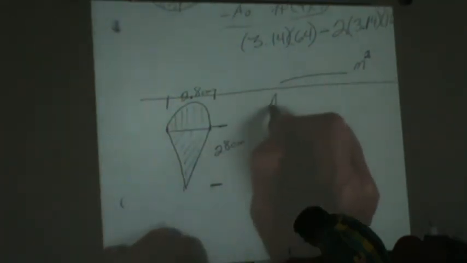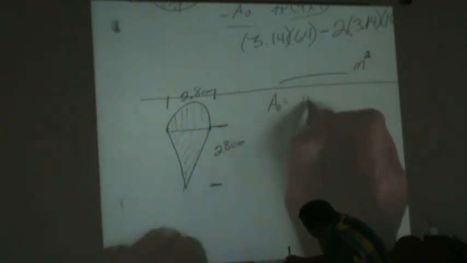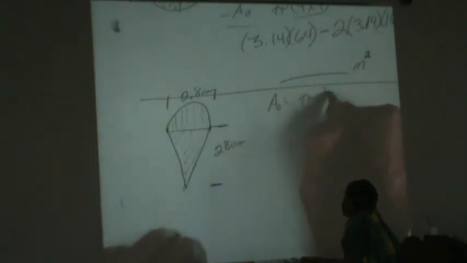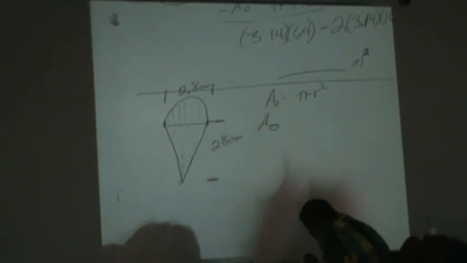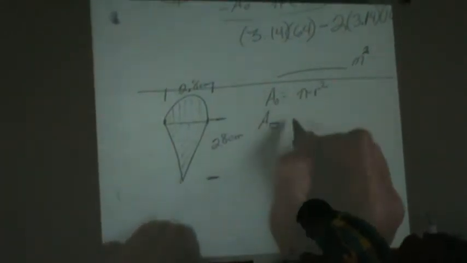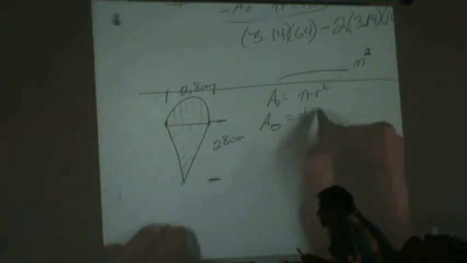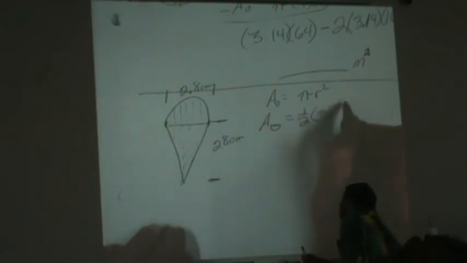Okay, the area, we know area of a circle was what? Pi r squared. We don't have a whole circle, we take half of a circle, right? So we're gonna do the area of a half circle, which is 1/2 of pi r squared, right?